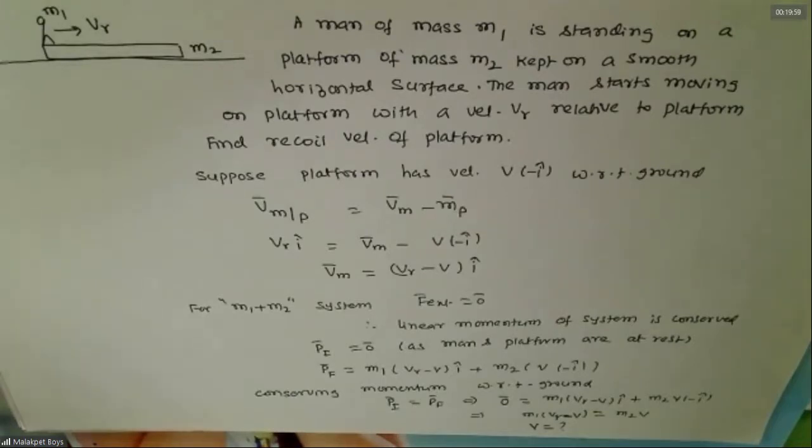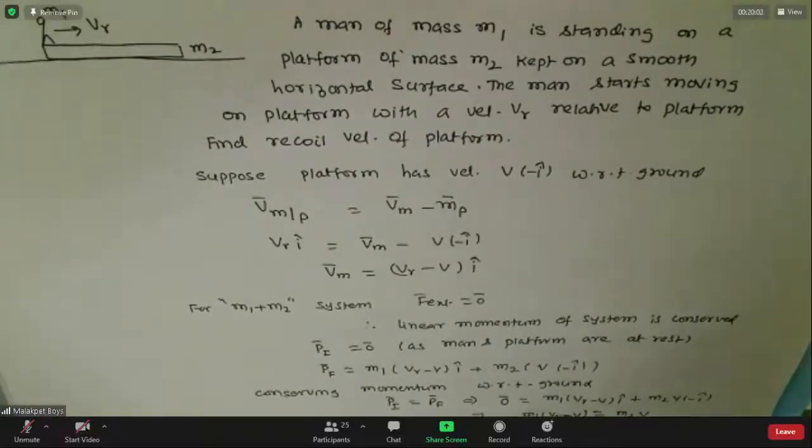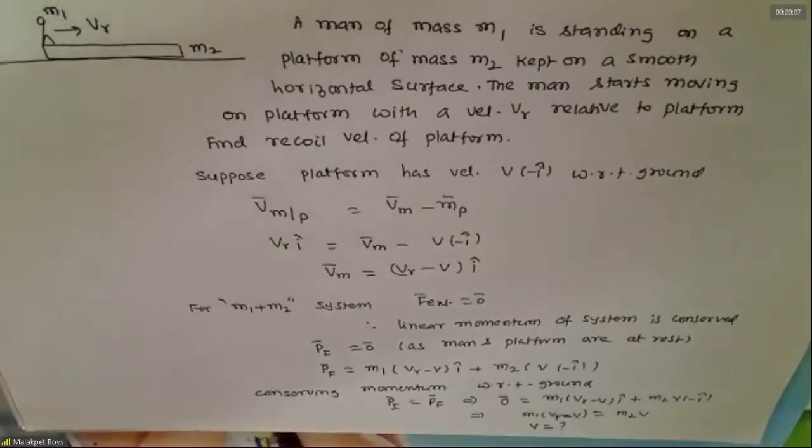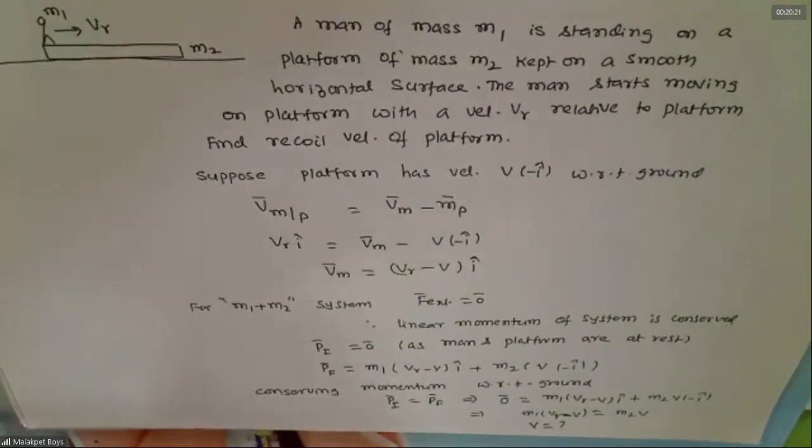Sir, can you once turn the previous page, please? One second, wait, let them complete. So that is Vm minus Vp, right? In the first line, sir, VMP, velocity of man with respect to platform, is equal to velocity of man minus velocity of platform.